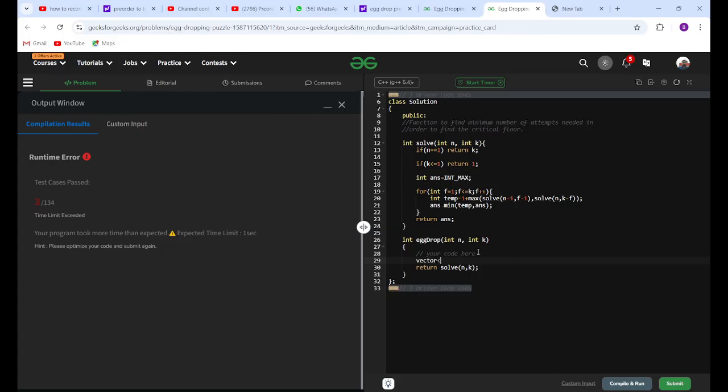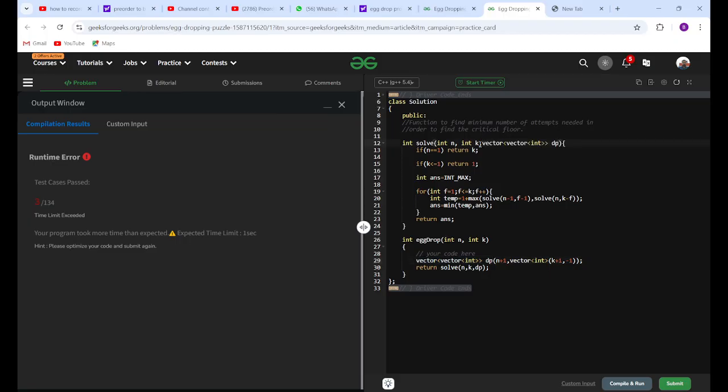Okay, we initialize the dp and we will make it n plus 1 by k plus 1, initialize with minus 1 and pass this in these functions and also in this argument.